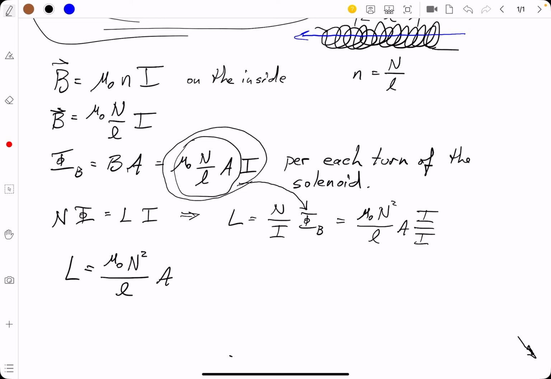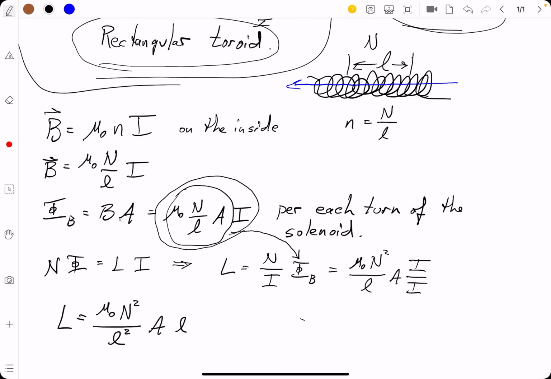Now, what happens if we take that A and multiply L by it? In order to multiply L by that, we have to double up on the bottom. But let's relook at our solenoid.